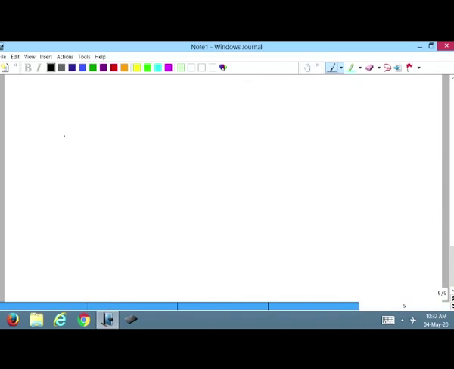Therefore, we have this situation: 12, 8. After R1 we come to 11, 8. After R2 we come to 10, 8, and after G3, we will come to 10, 7.